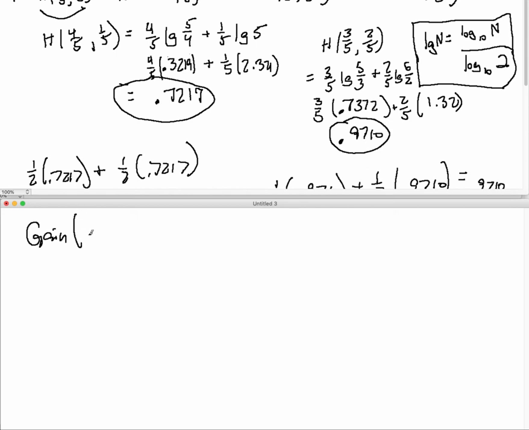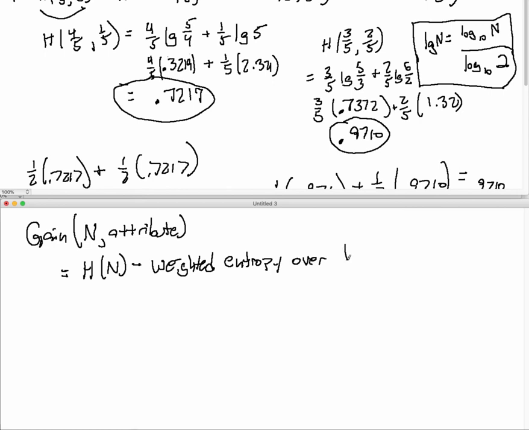We have the gain on a node n, comma, an attribute. What the gain on a node n over the attribute is, it's equal to the entropy of the node. And then from that, we have to subtract the weighted entropy over the attribute.